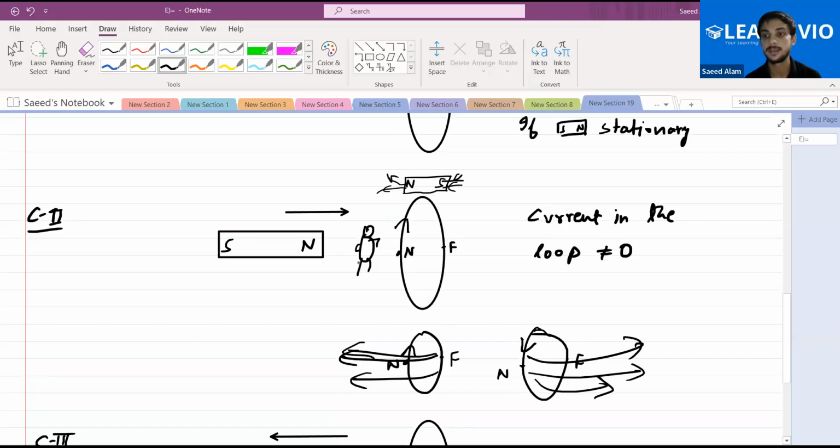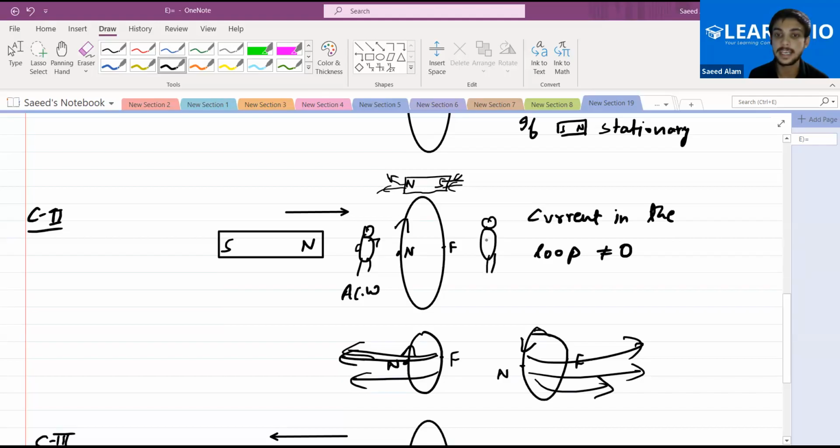Anti-clockwise. The reason is, if you watch a clock, you will find that 12 is written here, 1 is written here, 2 is written here, and the current is moving in the opposite direction. Yes or no? Yes. So it will be the anti-clockwise direction.